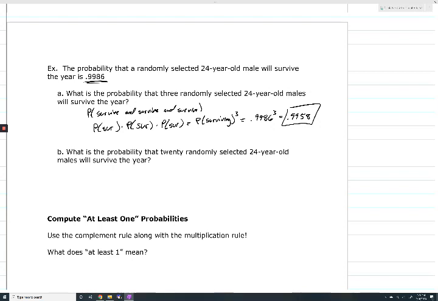Now what if we do 20 of them? So again, it's the same principle. We're still taking that probability of surviving. This time, we're raising it to the 20th power. And this time, we still get a fairly large number. Still over 97%.